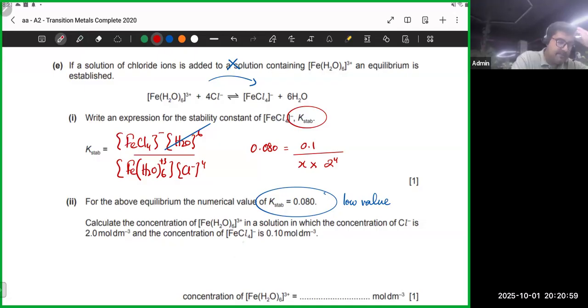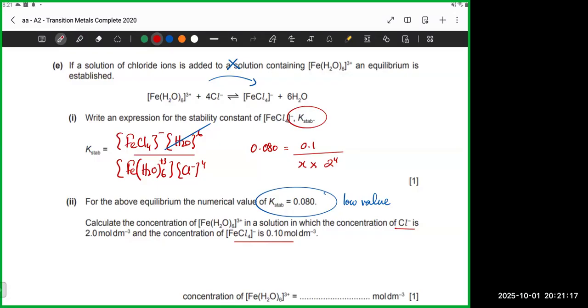Okay, all of this is given, so the only thing that's left is X. Can you tell me what the value is? Well, I'll just go get my calculator.